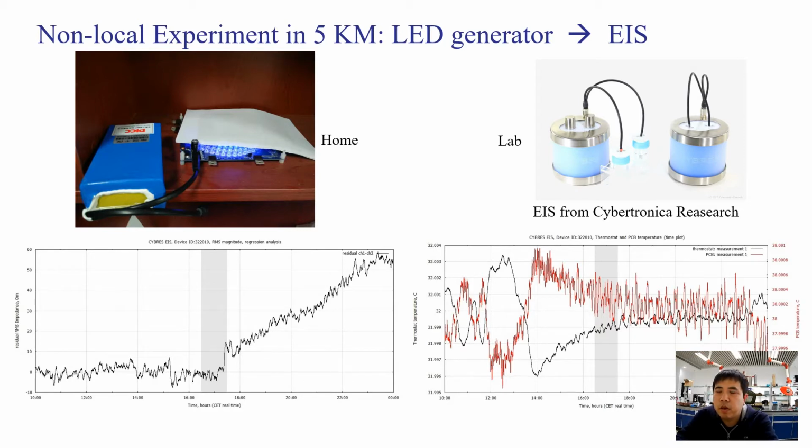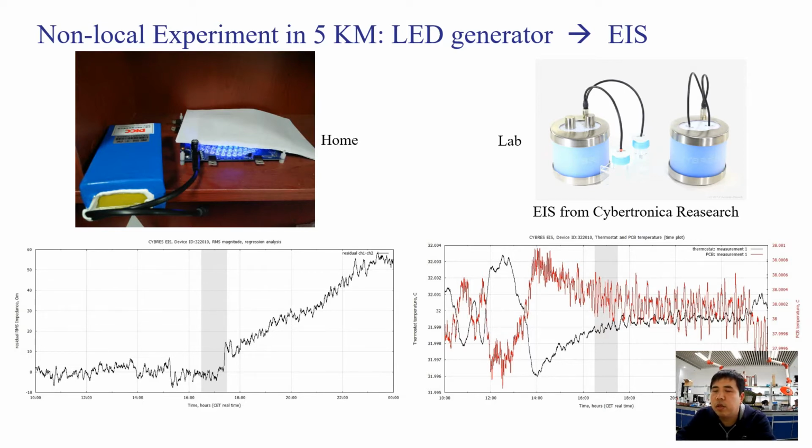This is my first successful non-local experiment, although the distance is not very far, only 5 kilometers between my home and the lab. The sensor I used is the EIS from Cybertronica Research placed in the lab, and the LED generator is powered by a battery placed in my home.